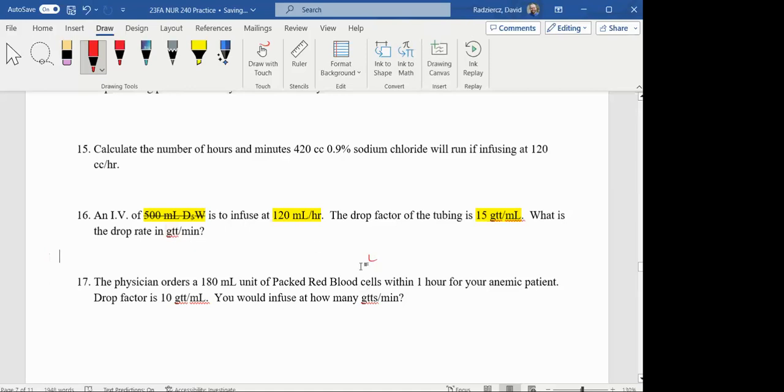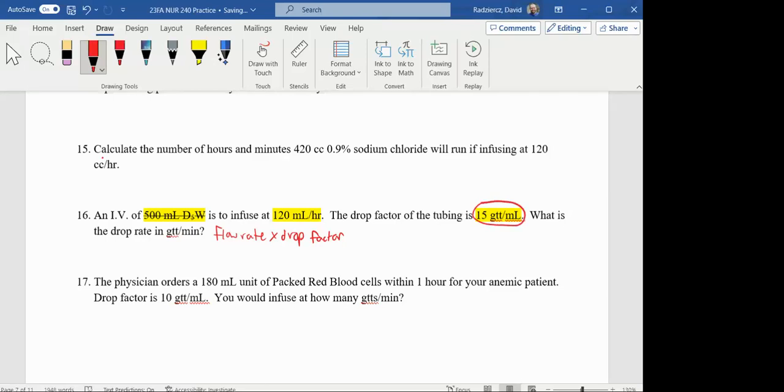Okay. So remember, for drop rate questions, you need 2 pieces of information. You need to know the flow rate and you need to know the drop factor. The drop factor is given to you.